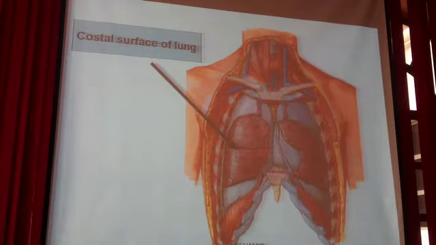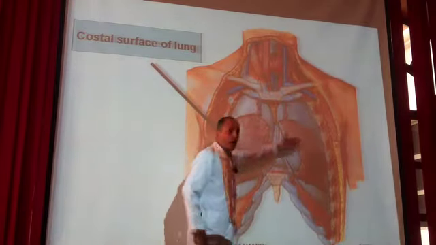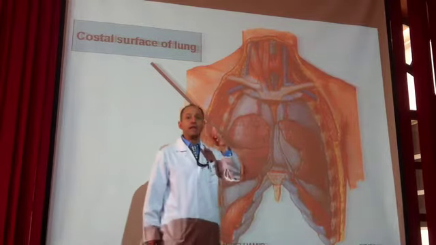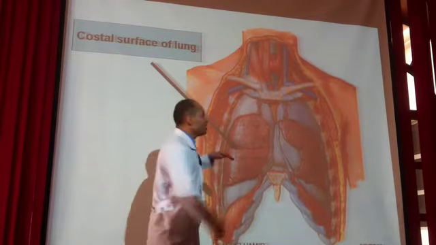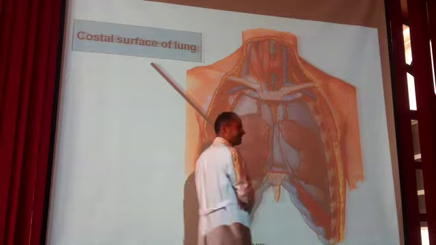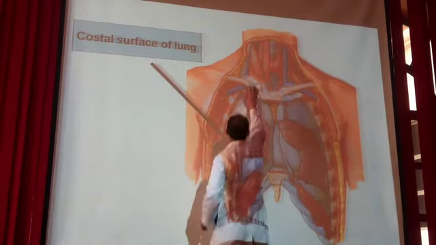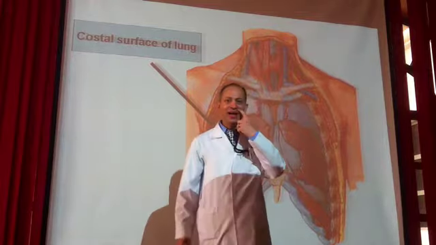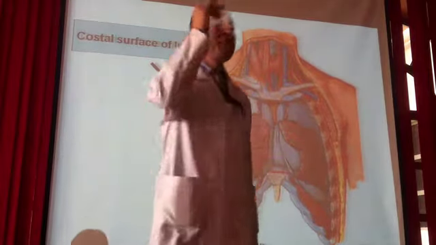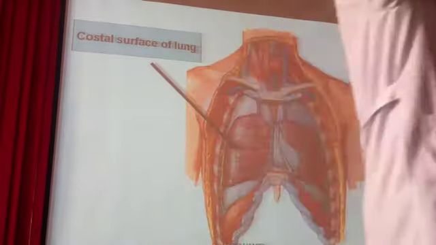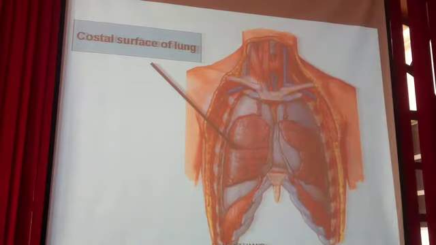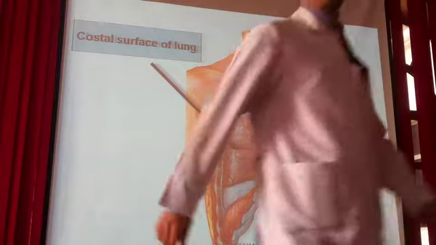Lungs is an intrathoracic organ, except the apex. It is located in the root of the neck, above the level of the first rib, above the level of the clavicle itself, by half an inch.